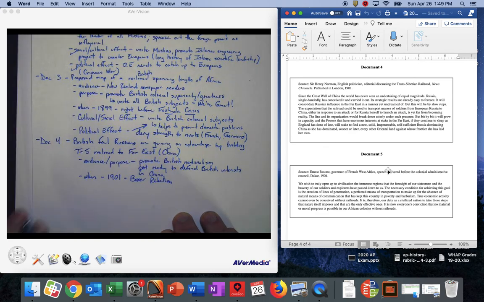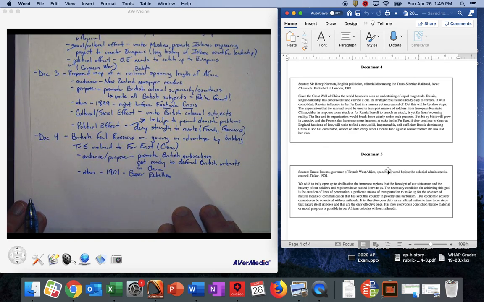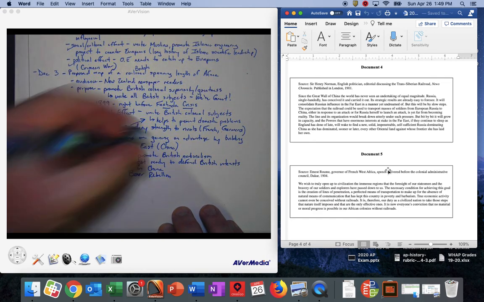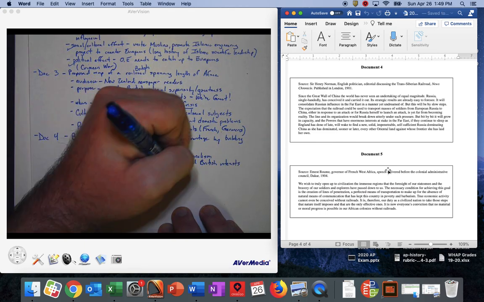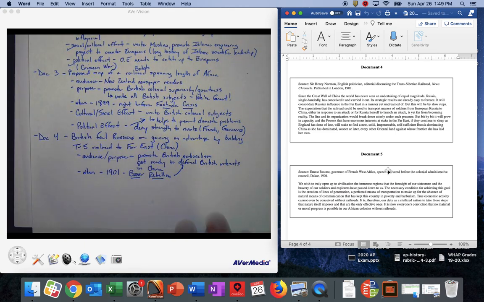So we know that the Chinese are not in favor of British imperialism in China. We know that the Boxer Rebellion is either just happening now, or it just finished. And we need to defend our British interests there.